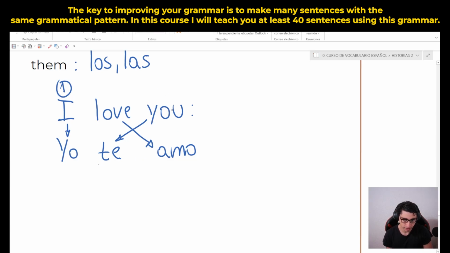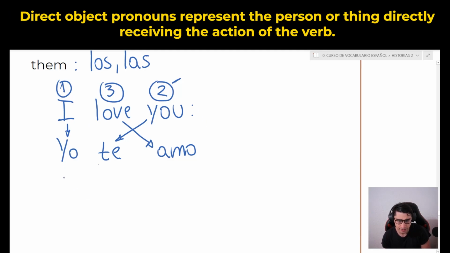So when the pronoun is before the verb, you will be using los pronombres objetos. You have the normal pronoun, el pronombre objeto, y el verbo. So you will say "I, you love." That's the direct translation.